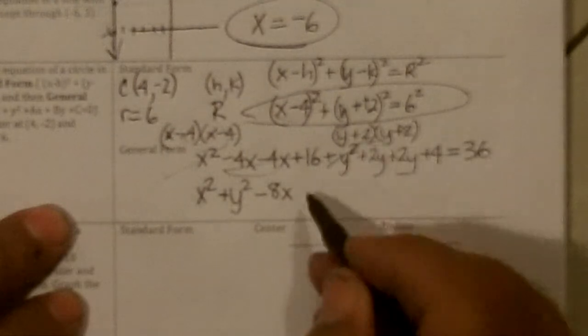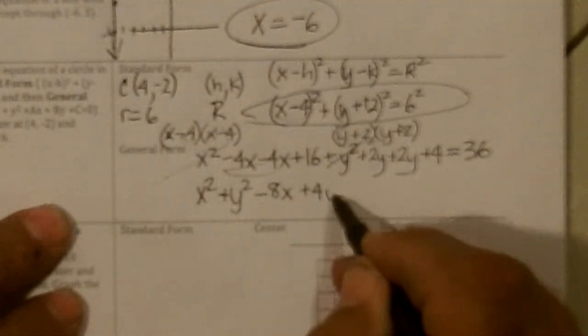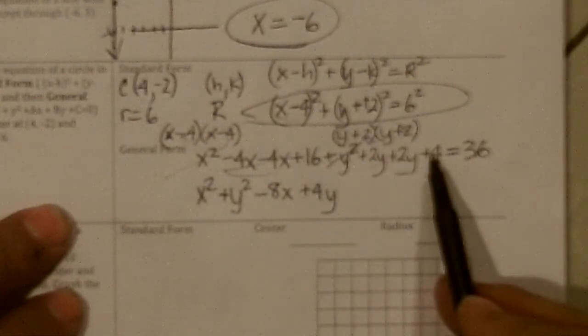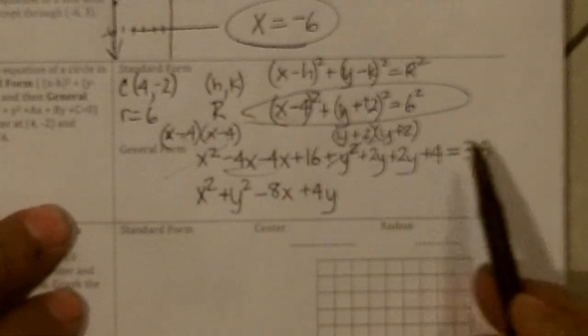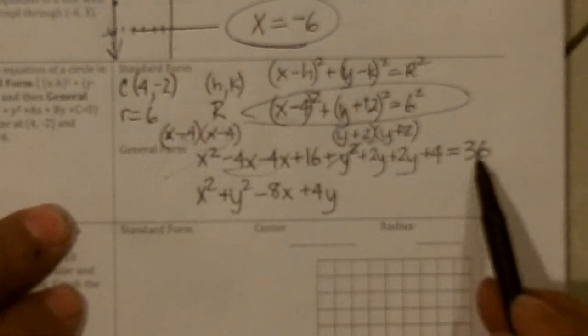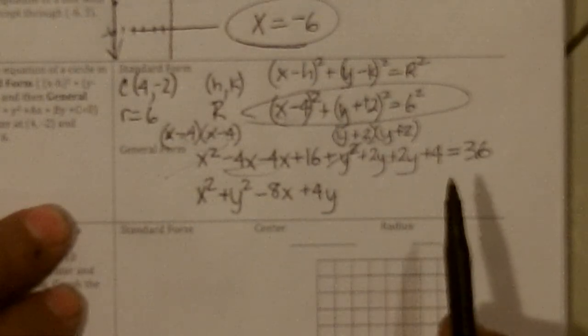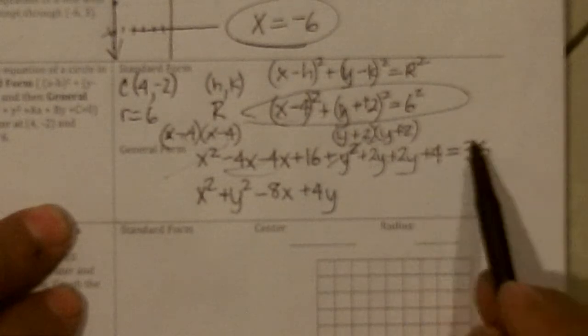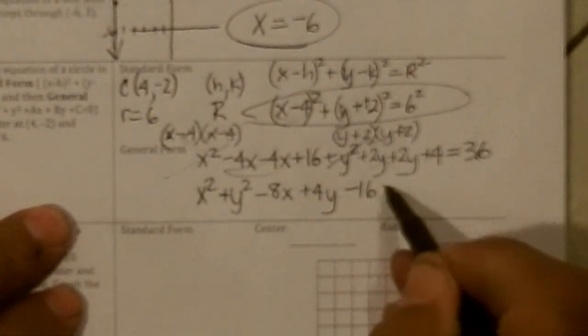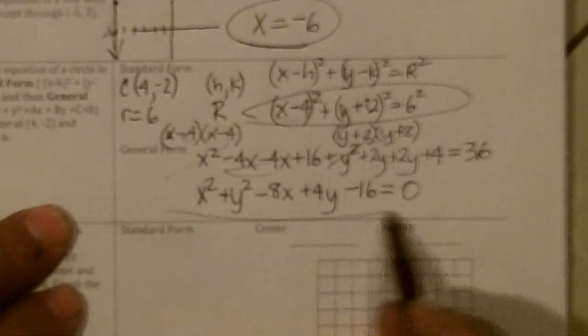Plus 2y and 2y is plus 4y. I have 16 and 4, that's 20. But I have to get 0 over here, so I have to subtract 36 from both sides. So 20 minus 36 is negative 16 equals 0.